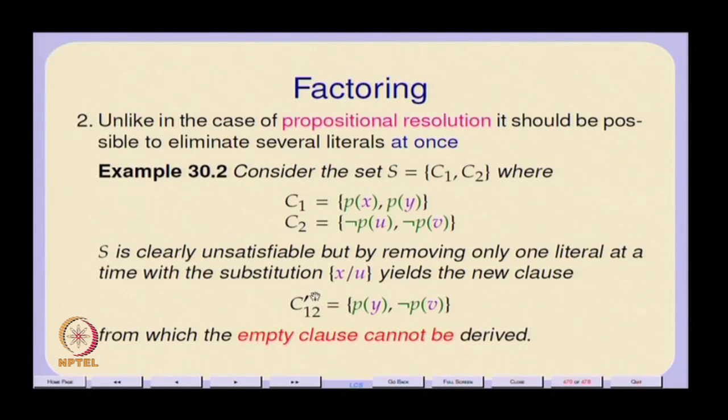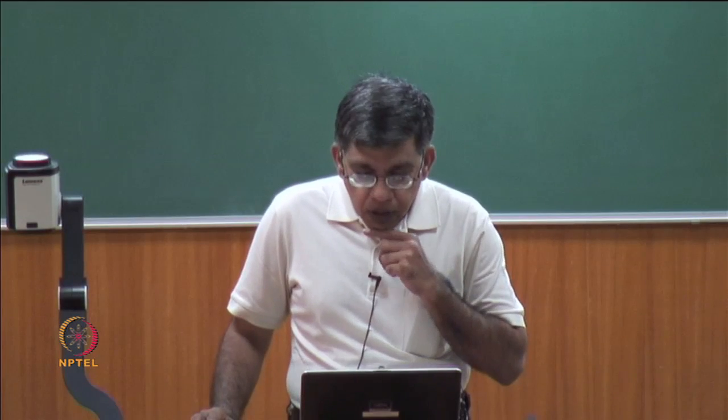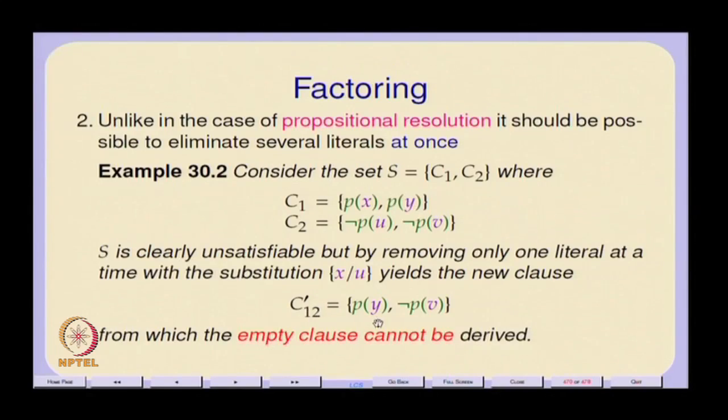The resulting clause C prime 1 2 that you get is called a resolvent of those two clauses. So, that C i j prime is called a resolvent. If I resolve it only on these two, then what will I get? The most general unifier I will be able to find is x for u or u for x.